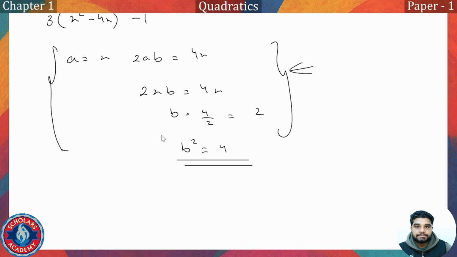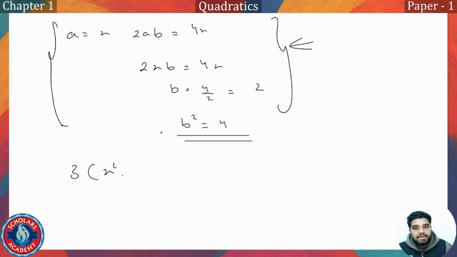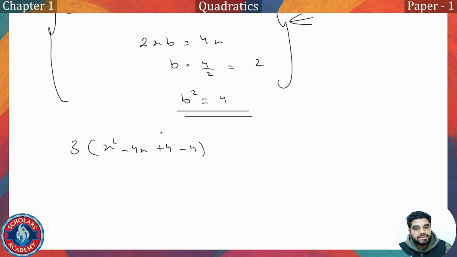All right, let's continue. We get the b square, we'll substitute that inside. We also subtract the b square. So we get 3(x square minus 4x plus 4 minus 4), and we have negative 1 outside. So we'll remove this negative 4 out.